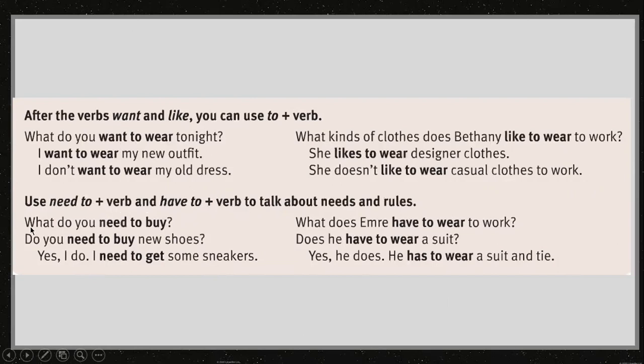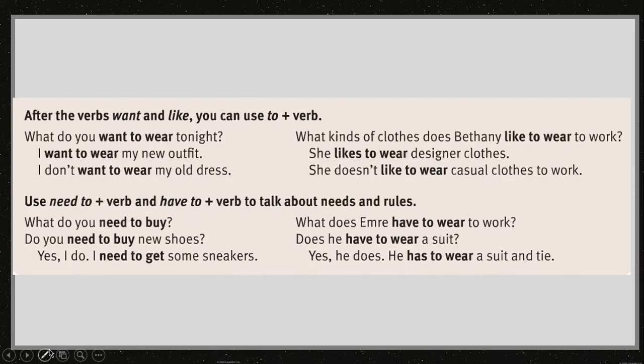Let's see. What do you need to buy? Do you need to buy new shoes? Yes, I do. I need to get some sneakers. What does Henry have to wear to work? Does he have to wear a suit? Yes, he does. He has to wear a suit and tie.